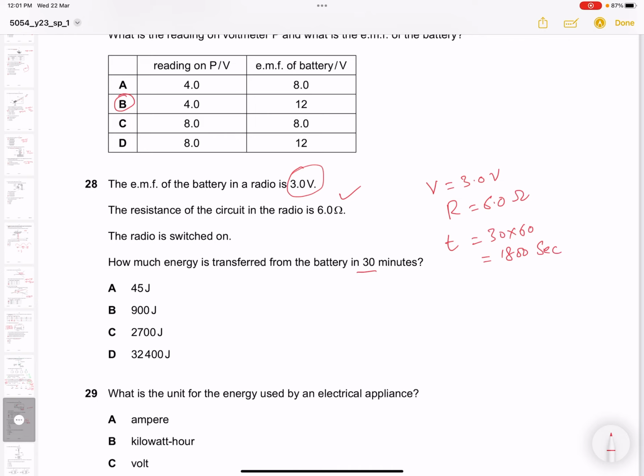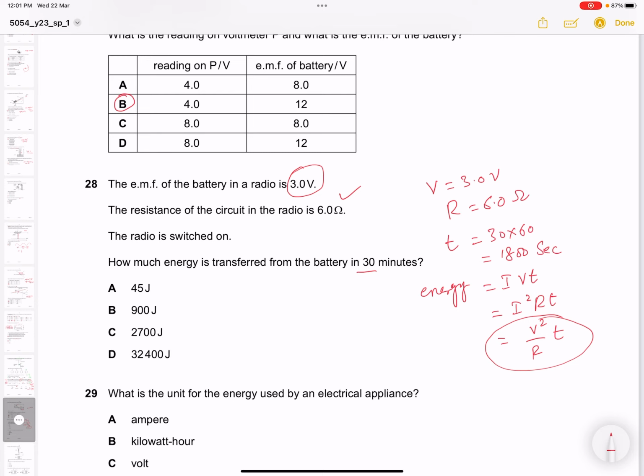So using the formula, you know many formulas of electrical energy. One formula is IVT, then another form is I square RT, then another form is V square over RT. So according to the data given to us, this formula seems more applicable.